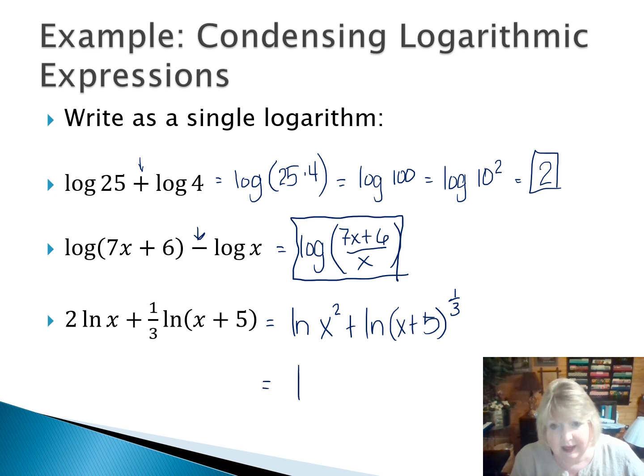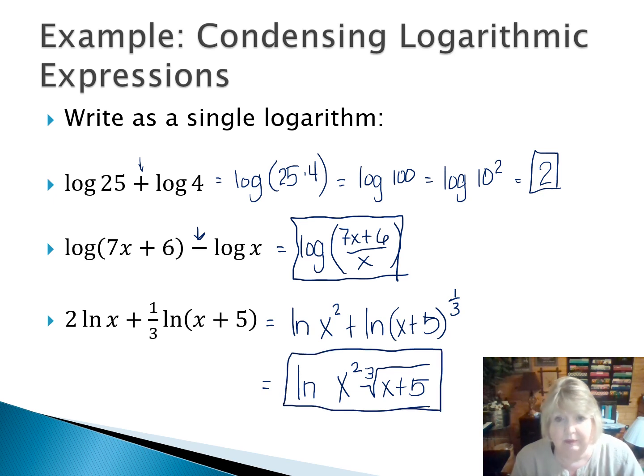To write it as a single natural log, I have to realize that it was multiplied to become addition. So I want to take the addition back to multiplication. So that's going to be x squared times, I am going to turn the 1/3 power into the cube root, if I can, of x plus 5. And that's as far as I can go.